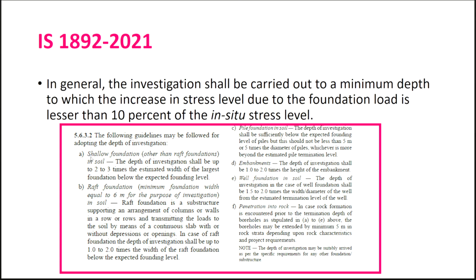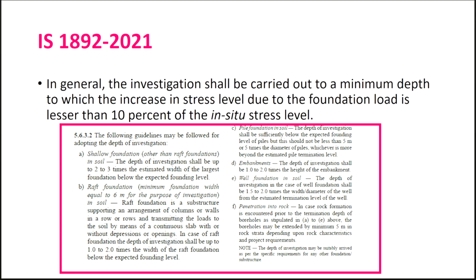Now see one of the cases, shallow foundations, normally other than raft: the depth of investigation shall be up to 2 to 3 times the estimated width of the largest foundation below the expected founding level. Suppose your founding level is 3 meters. So what they are saying is 3 times the estimated width, the foundation is suppose 3 meters, so 3 into 3 becomes 9.